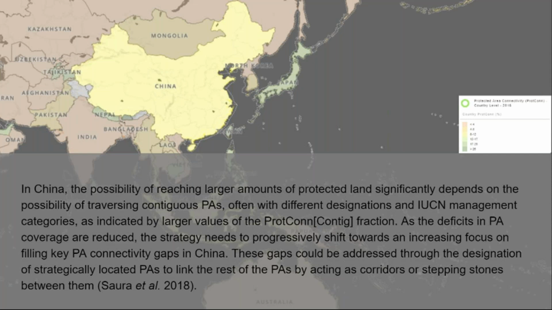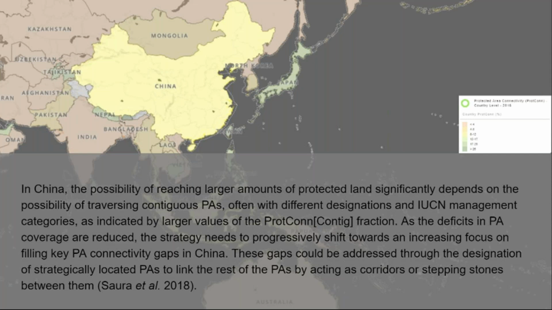The connectivity is essential to assess the progress in implementing Target 11. In China, the possibility of reaching larger amounts of protected land significantly depends on the possibility of traversing contiguous protected areas, often with different designations and IUCN management categories.